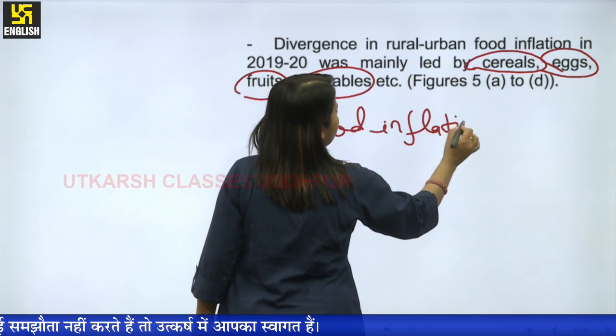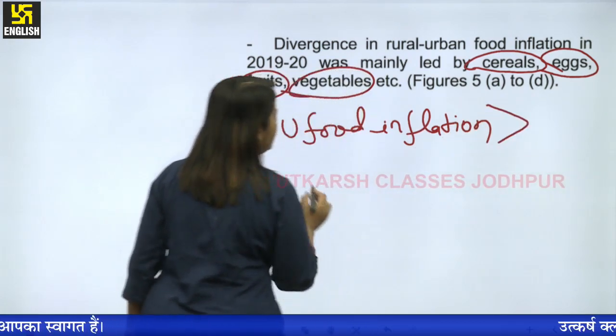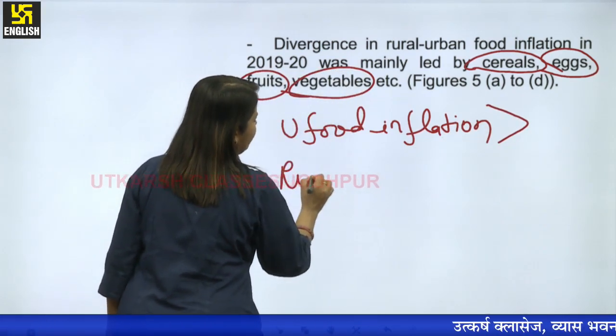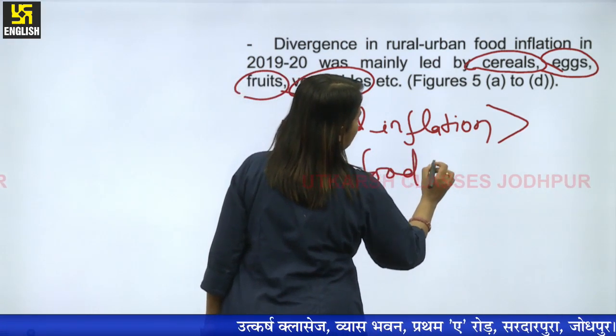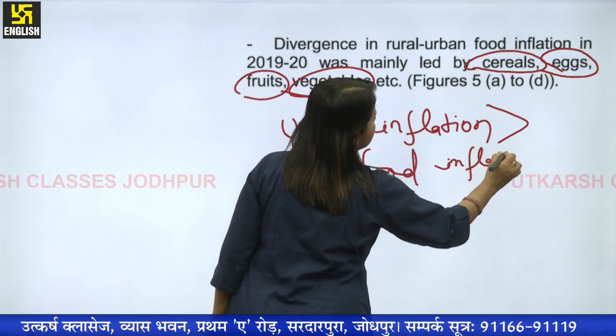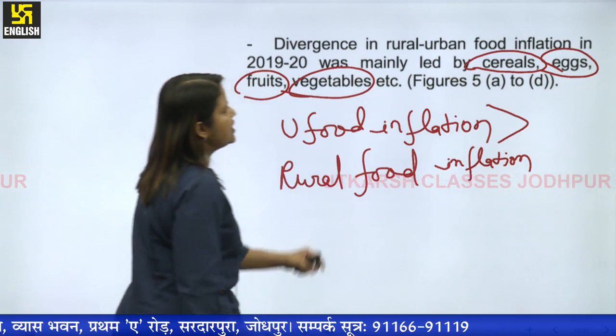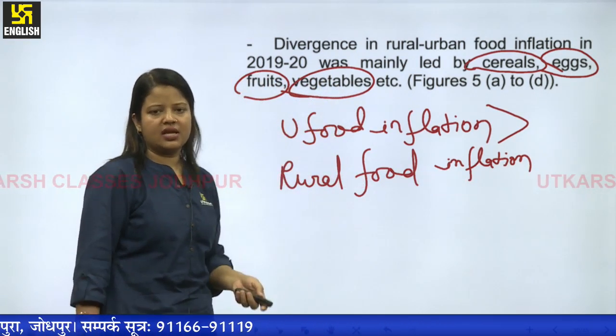We saw right now that urban food inflation is always higher than the rural food inflation. What is the reason behind that? The reason behind that is the increase in the price of cereals, eggs, fruits and vegetables in urban areas.